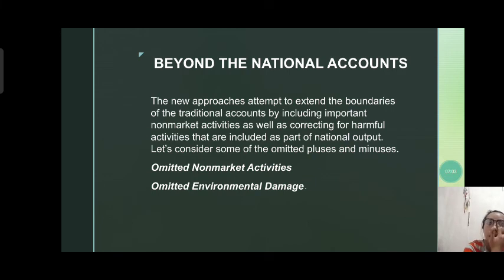These two are the omitted non-market activities and the omitted environmental damage. The omitted non-market activities are useful economic activities outside of the market, while the omitted environmental damages are the harmful side effects of economic activity.